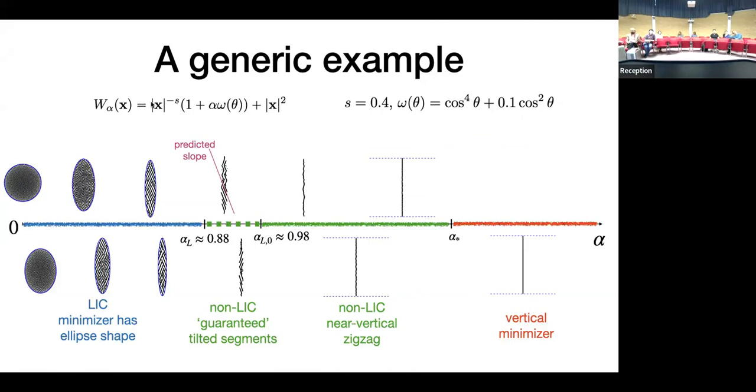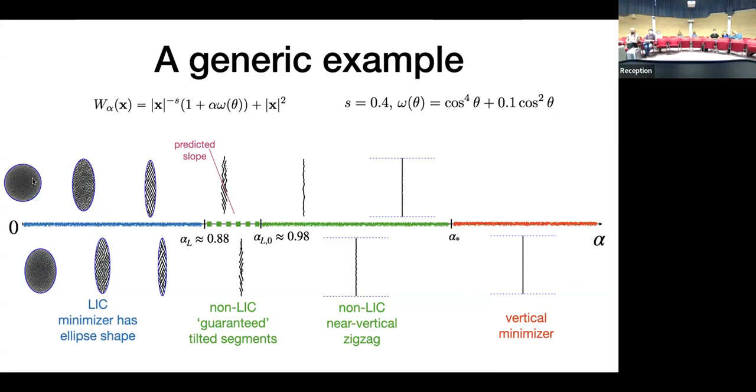For this kind of Riesz-type repulsive interaction with quadratic attraction, if you have the isotropic case, alpha equals 0, it is known that the minimizer has to be radially symmetric, which is this case.